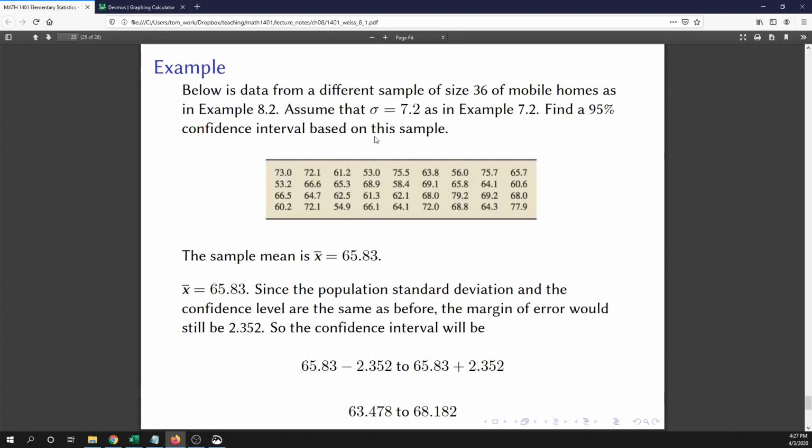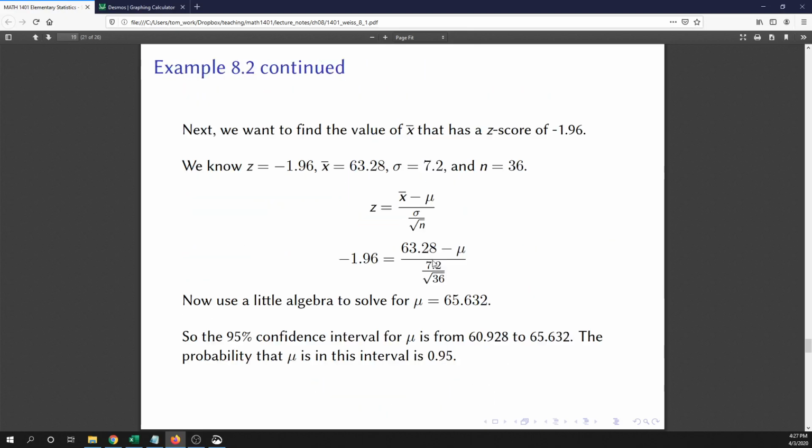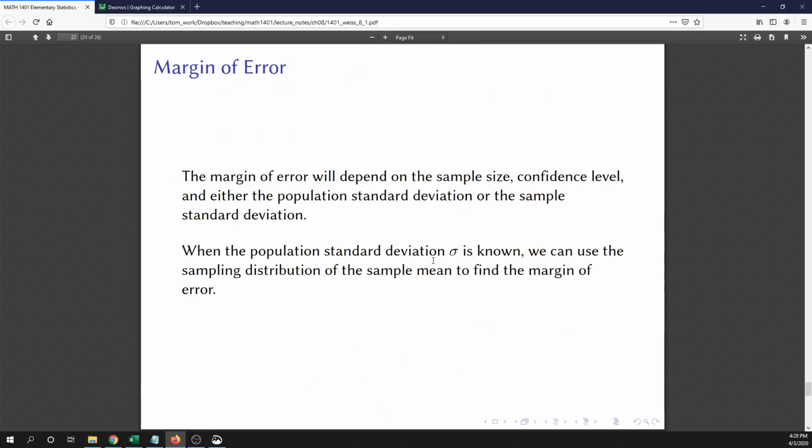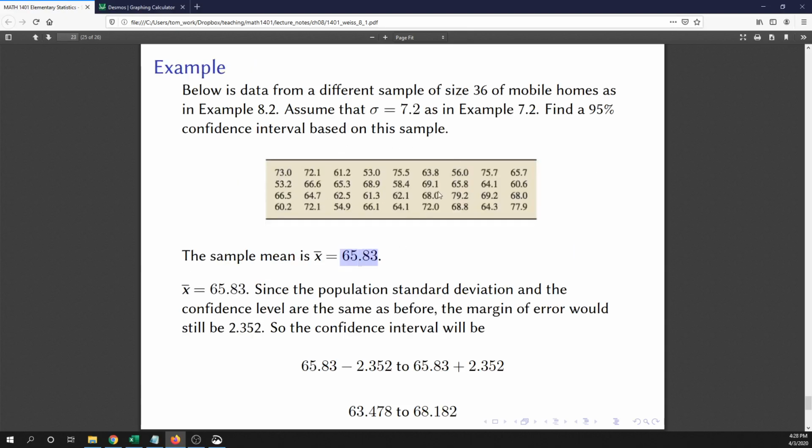And if I want to find a 95% confidence interval, what I would do is take the mean. In this case, you can see that the mean is different than what we had before. This time it's 65.83, and before it was 63.28.